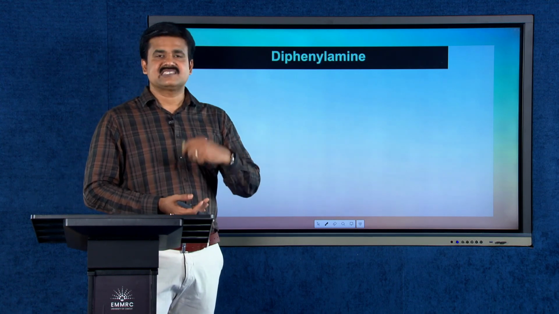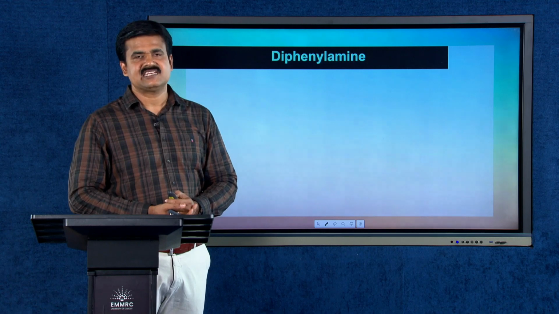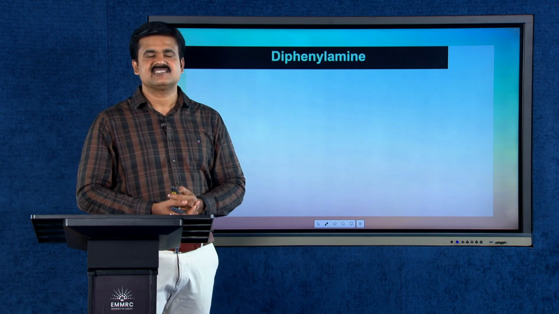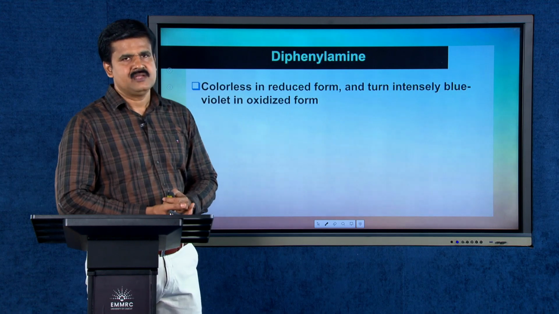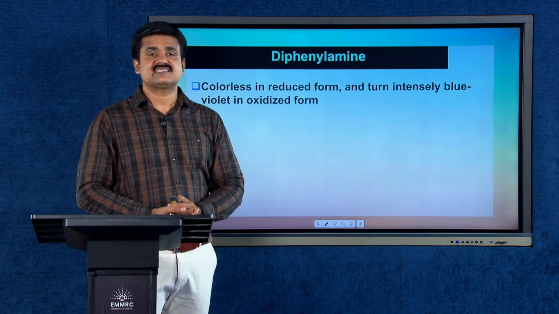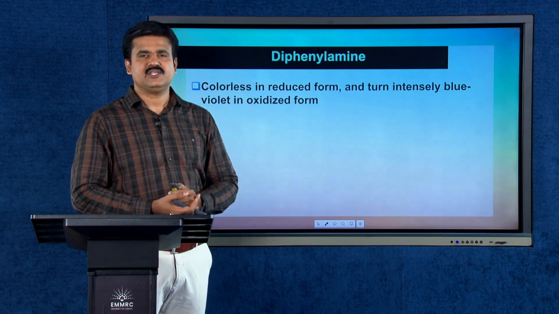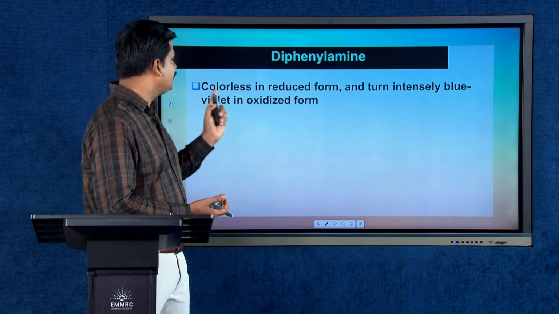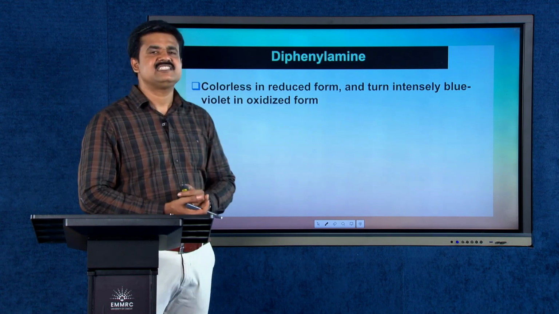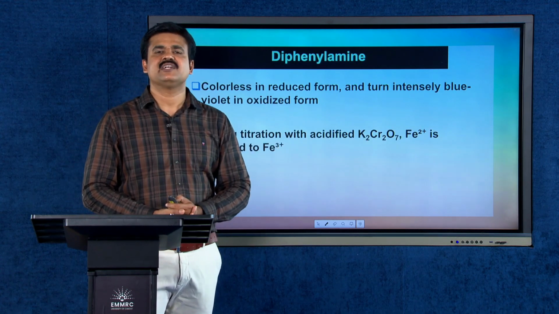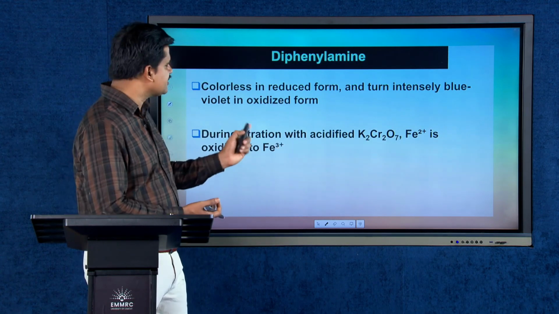Now, the second internal indicator we are dealing with in the dichromate titration is diphenylamine. Diphenylamine is colorless in reduced form and turns intensely blue-violet in oxidized form. During the titration with acidified K2Cr2O7, Fe2+ is oxidized to Fe3+.